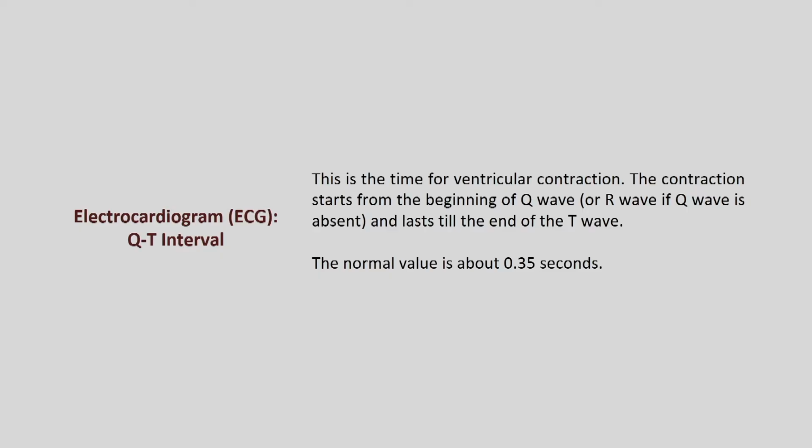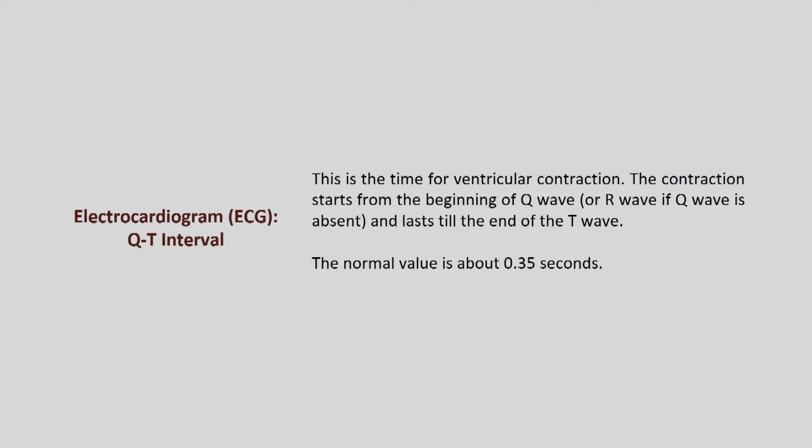Now, the QT interval. This is the time of ventricular contraction. When the ventricle contracts, after depolarization, repolarization happens. The contraction starts from the beginning of the Q wave and lasts till the end of the T wave. So the ventricle contracts and then finally it is relaxed.